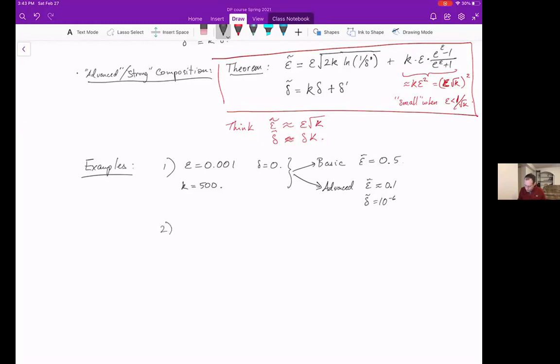Another example, to take a task we've talked about a lot: suppose we have k adaptively selected count queries.